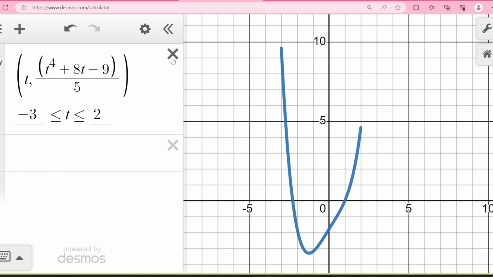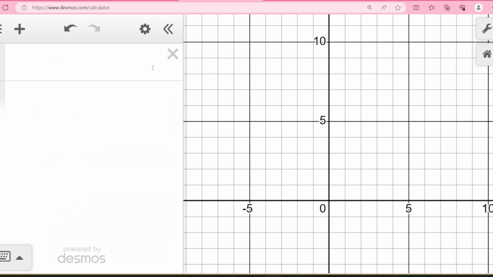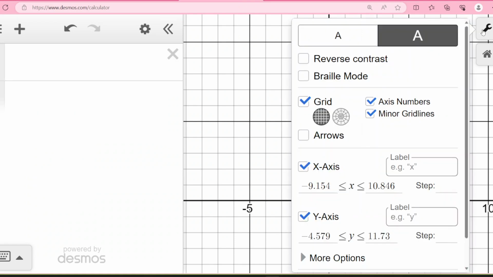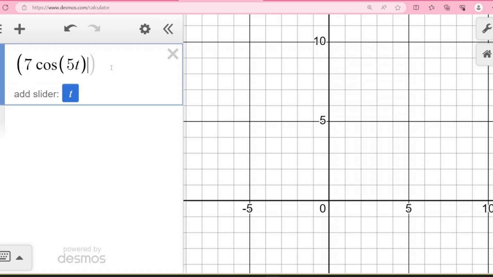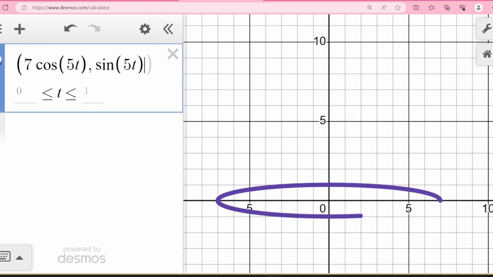I go to Desmos. Let me put in those. Make sure I'm in radian mode, by the way. Yeah, radians, okay. So again, ordered pair here, parentheses. Now the x-coordinate was 7 times the cosine of 5t, and comma, and then the y-coordinate was the sine of 5t.